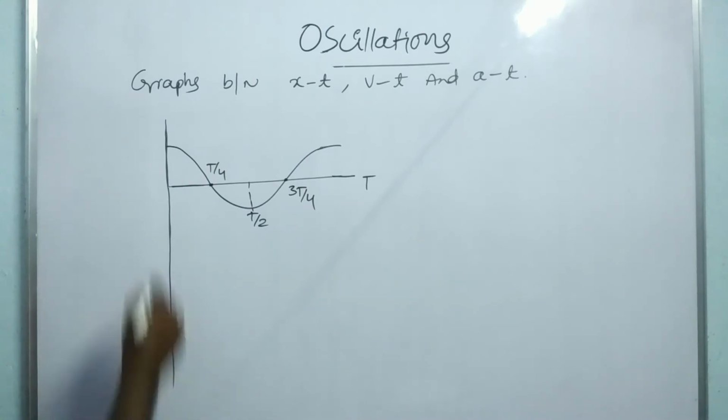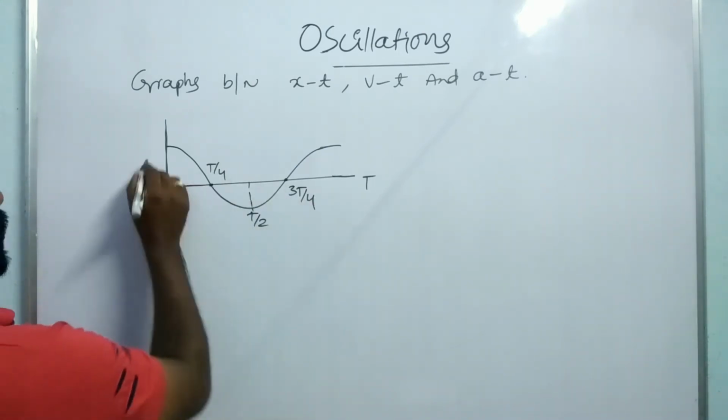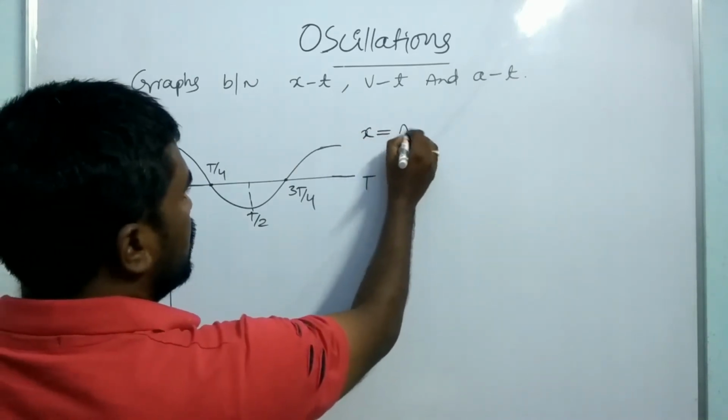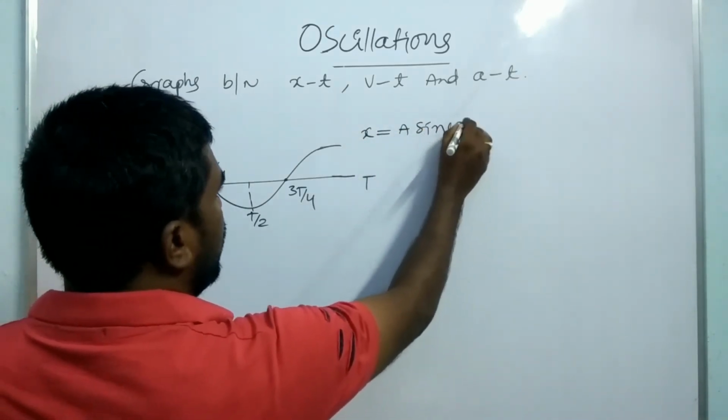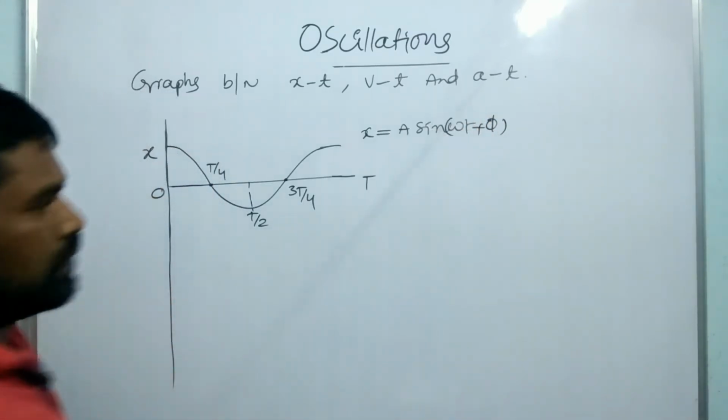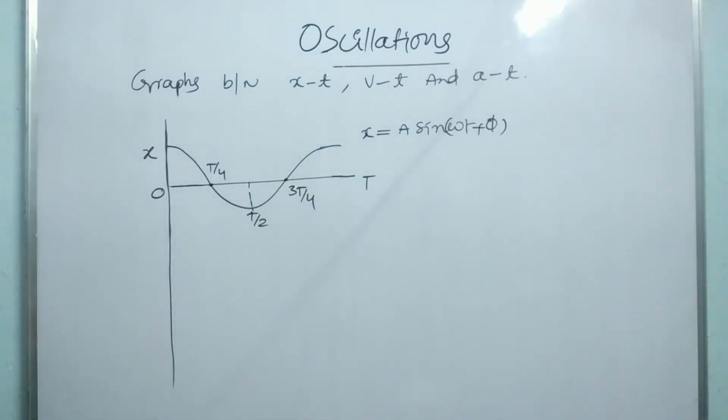Okay. Right. So this is the origin where it is x here. So x is equal to a sine omega t plus phi.